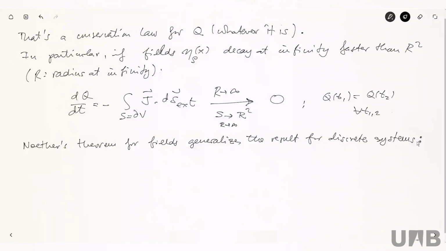And in order to do this, we have to do several things, right? We have to go from L, which is the Lagrangian density, to the true Lagrangian, which is the integral of the Lagrangian density. And we also have to do other changes.